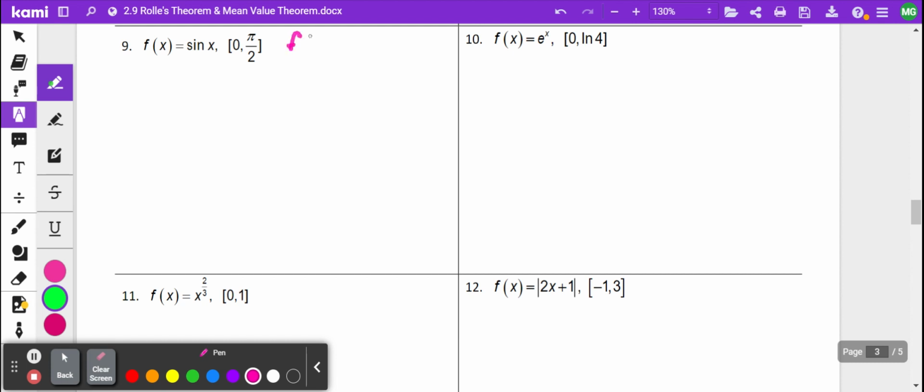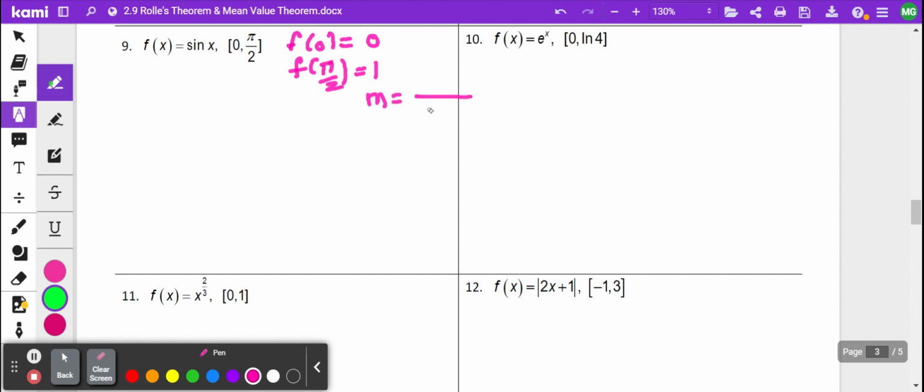So we're going to take f of 0. F of 0 is 0. And f of pi over 2 is 1. So we're going to use that to calculate the slope.